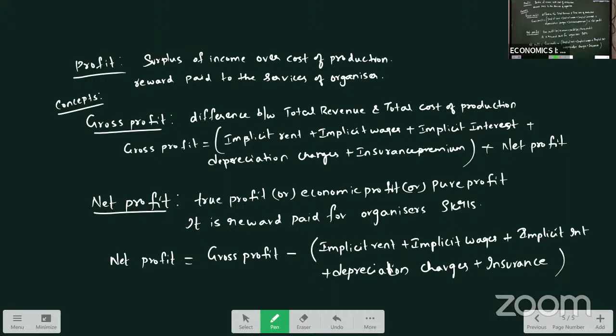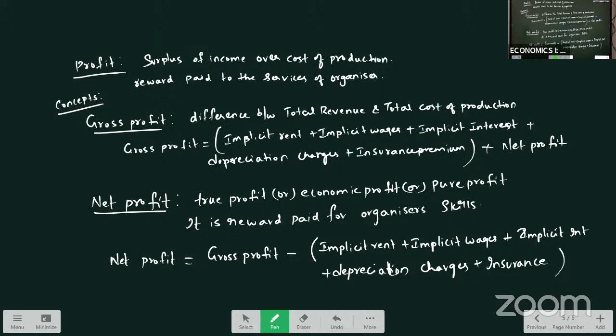Gross profit is the difference between total revenue and total cost of production, which includes the income earned by the organizer's own factors, which we call implicit rent, implicit wages, interest, and insurance premium and all. Whereas net profit is also called true profit or economic profit or pure profit. It is the reward paid for the organizer's skills. So you have to write down the formula.